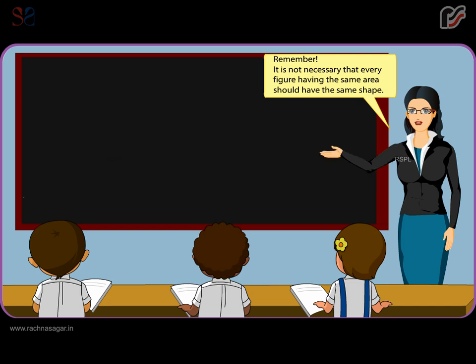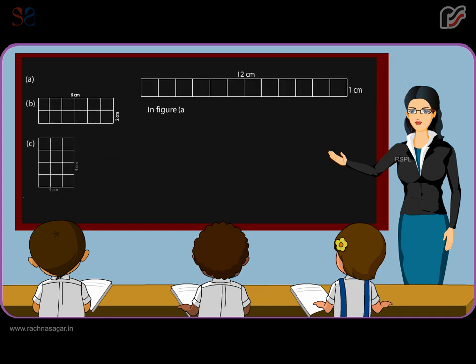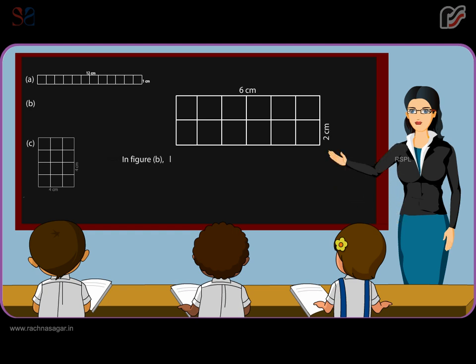Remember, it is not necessary that every figure having the same area should have the same shape. Look at the following shapes and their areas. In figure A, length is equal to 12 centimeter and breadth is equal to 1 centimeter. So, area is equal to 12 into 1 is equal to 12 square centimeter. In figure B, length is equal to 6 centimeter and breadth is equal to 2 centimeter.